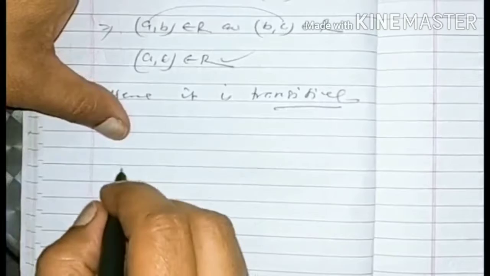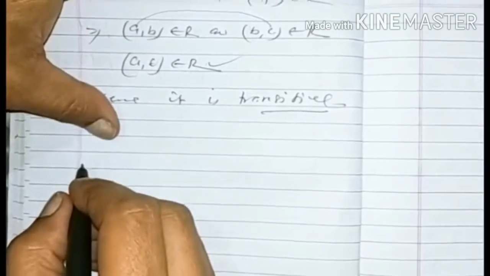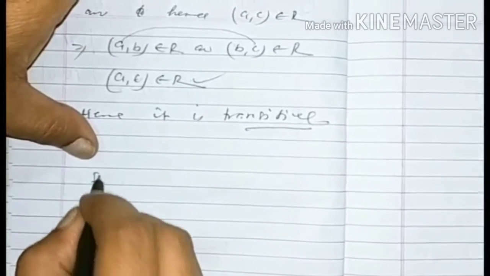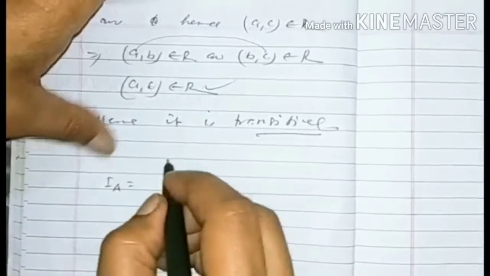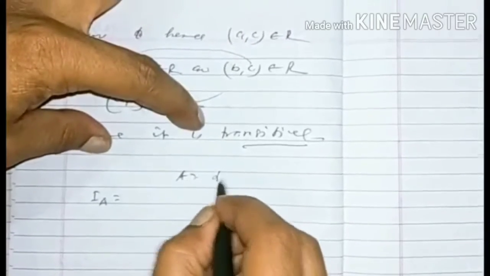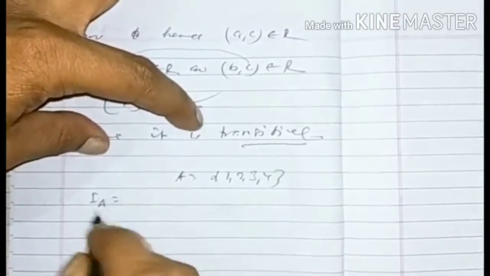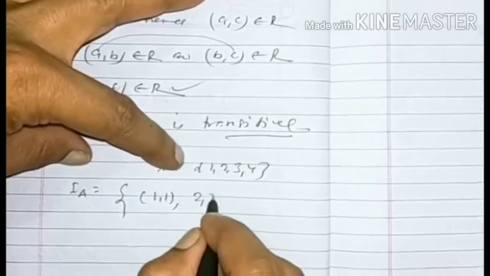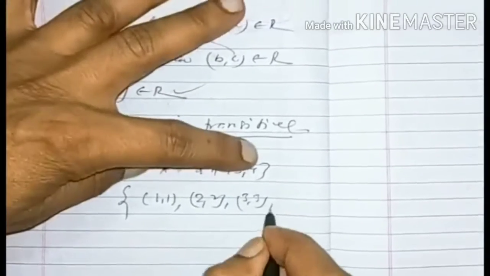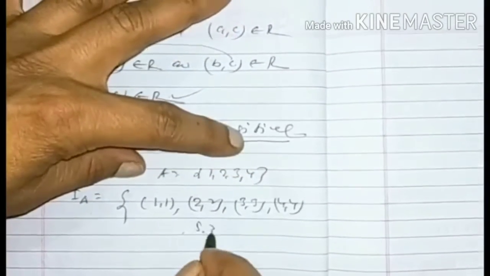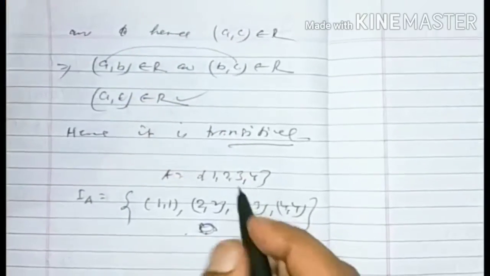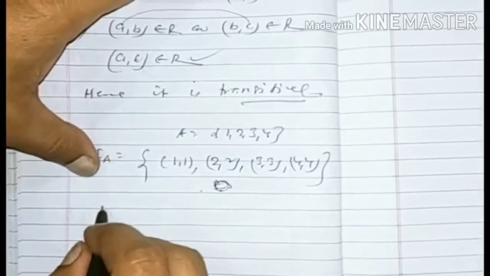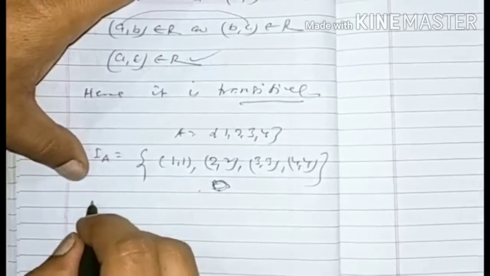As I have already discussed in my previous video lecture, suppose the identity relation on a set A, and suppose set A is 1, 2, 3, 4, and therefore the identity relation is defined as (1,1), (2,2), (3,3), (4,4). Here this is the identity relation. Point to be noted here: the identity relation is itself symmetric.